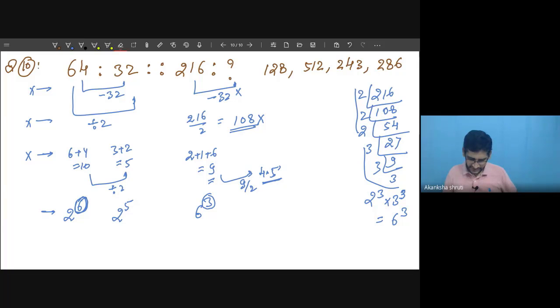What else is there? What can we write more? Try to arrange all of this, or you may think of this as 4 to the power 3.